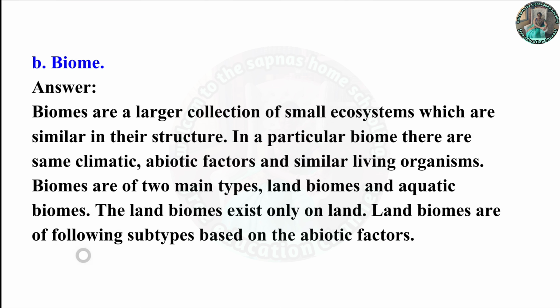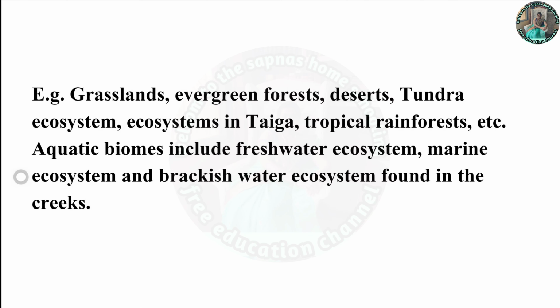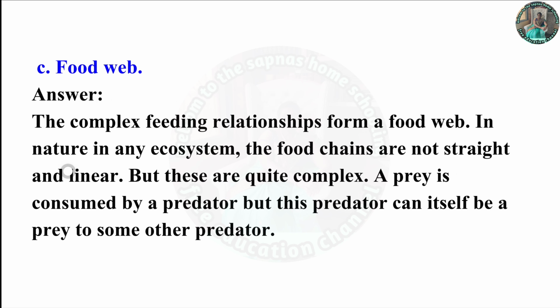Land biomes have the following subtypes based on the biotic factors. Examples: grasslands, evergreen forest, deserts, tundra ecosystems, ecosystems in taiga, tropical rainforest, etc. Aquatic biomes include freshwater ecosystem, marine ecosystem, and brackish water ecosystems found in the creeks.